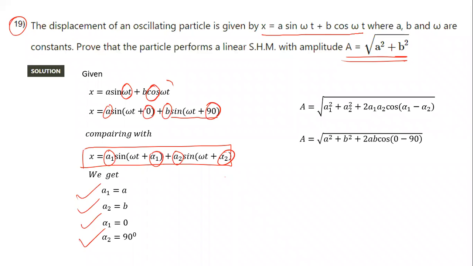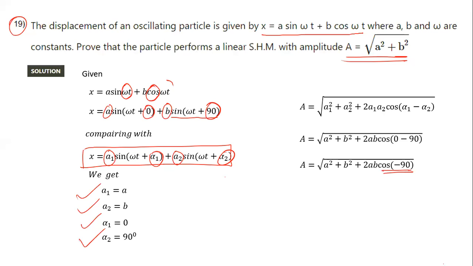Now let me substitute the values. A1 is a, A2 is b. So a square plus b square plus 2ab into cos of alpha 1 minus alpha 2, where alpha 1 is 0 and alpha 2 is 90. So we get cos of 0 minus 90, which is cos minus 90.